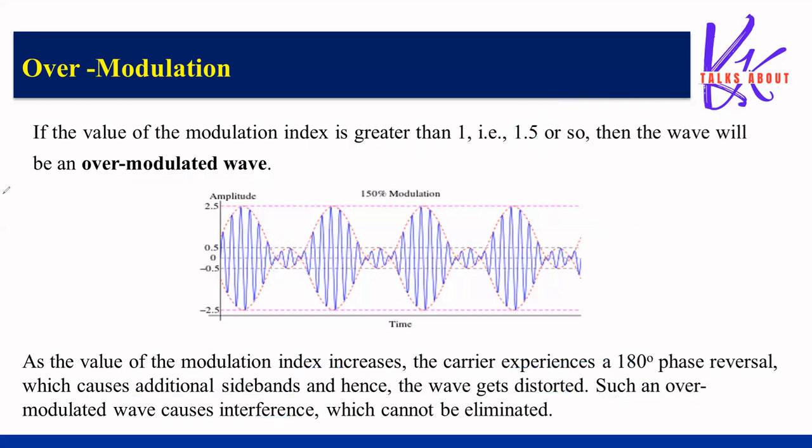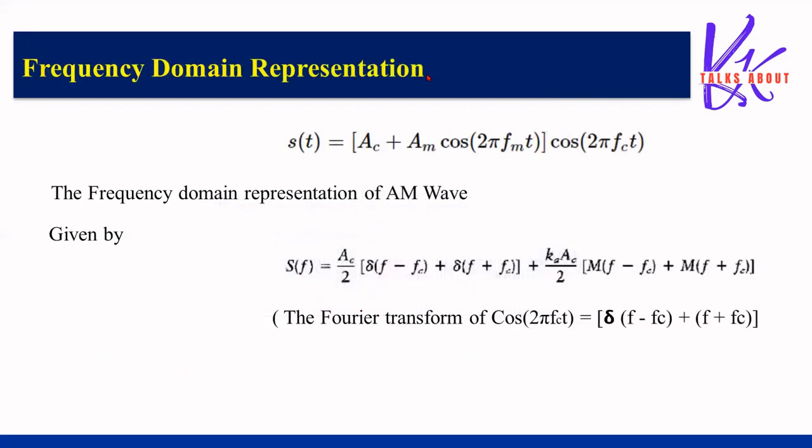Now let us see the frequency domain representation of the amplitude modulated wave. We have already seen the time domain representation, the equation s of t equals Ac plus Am cos of 2 pi fm t into cos of 2 pi fc t.